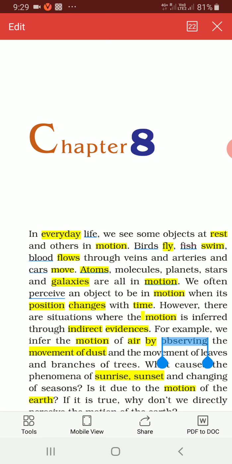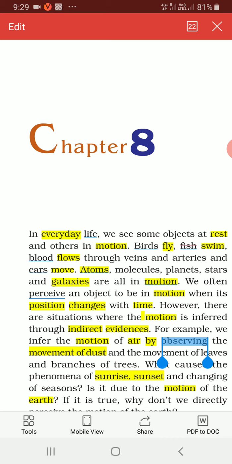You know, when you see birds flying and fishes swimming, that is motion. Inside our body also, blood flows through veins and arteries. When you go on the road, cars move and run.